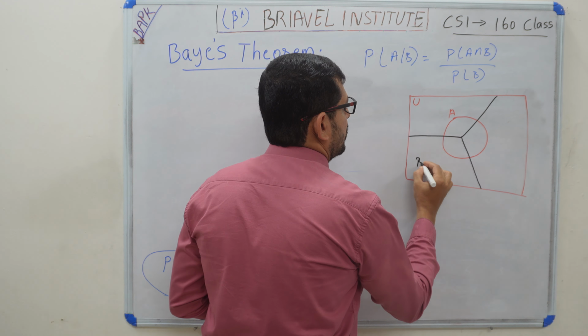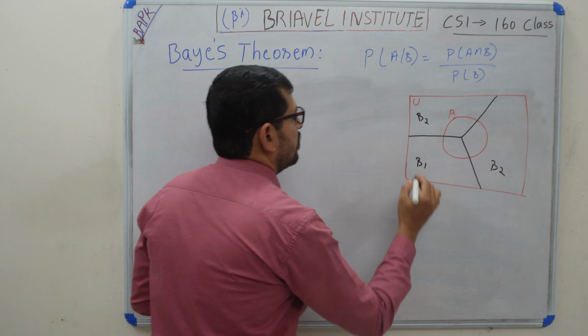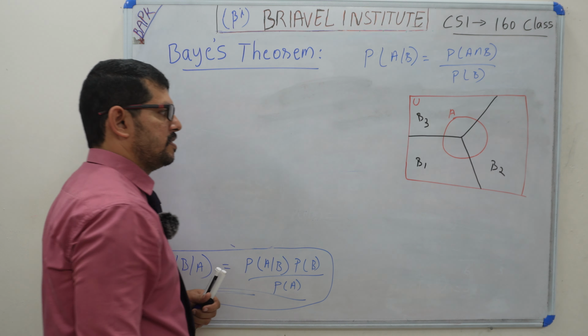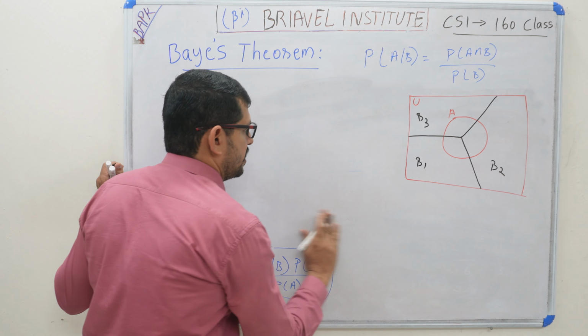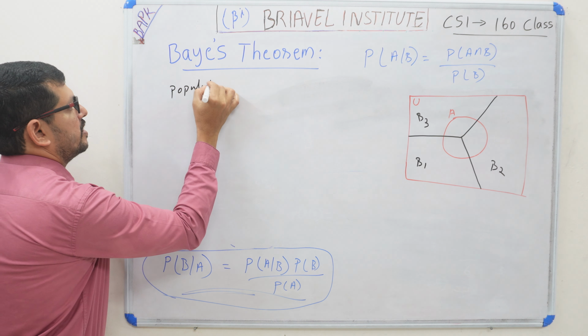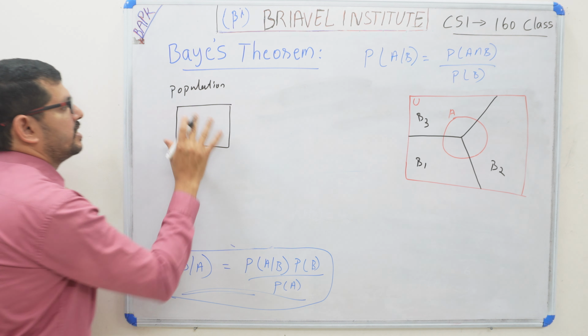So this we can call B1, this we can call B2, and this one B3. So my universe is my total sample space, my total population. I have a total population, this one.